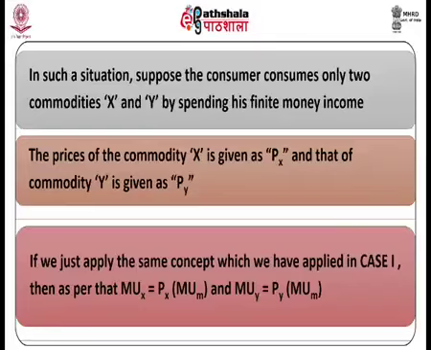If we apply the same concept which we applied in case 1, then MUX is equal to Px into MUM and MUY is equal to Py into MUM. Since MUM is equal to 1, it becomes MUX is equal to Px and MUY is equal to Py.